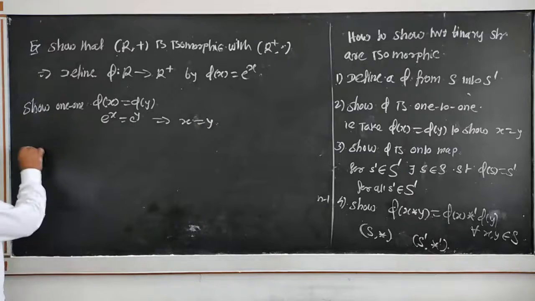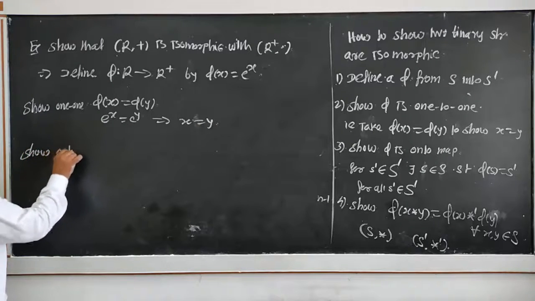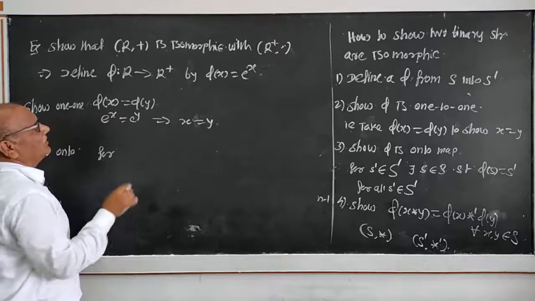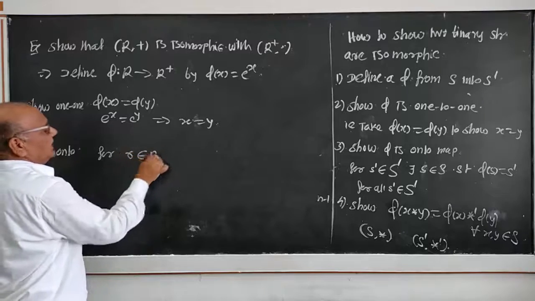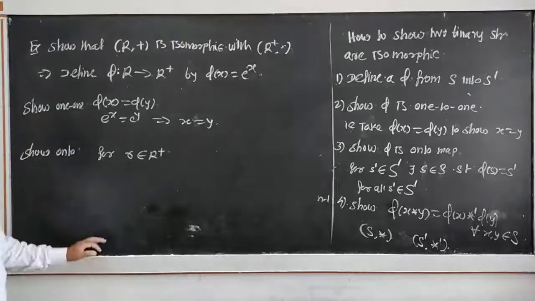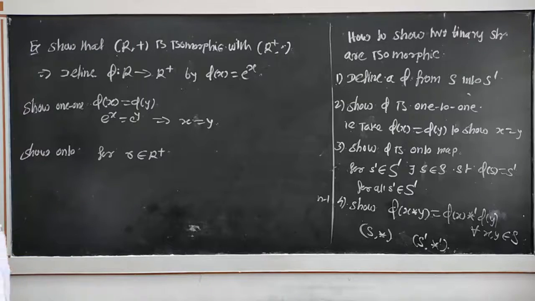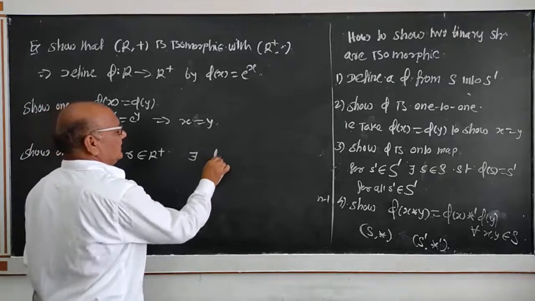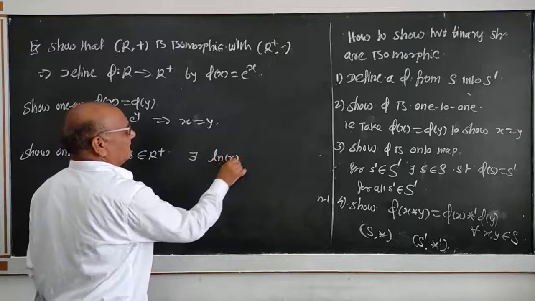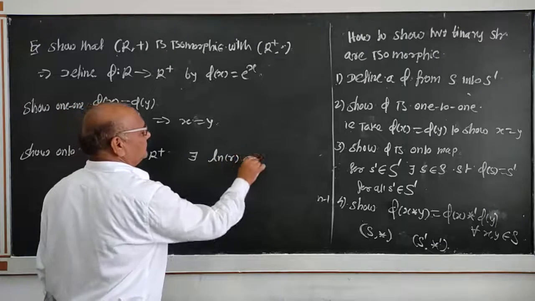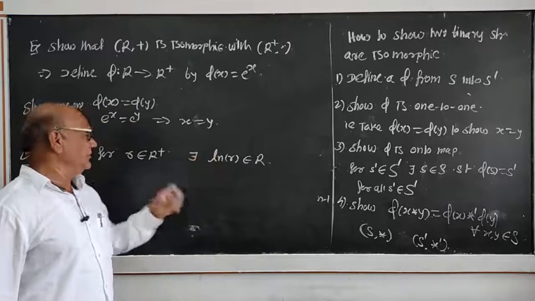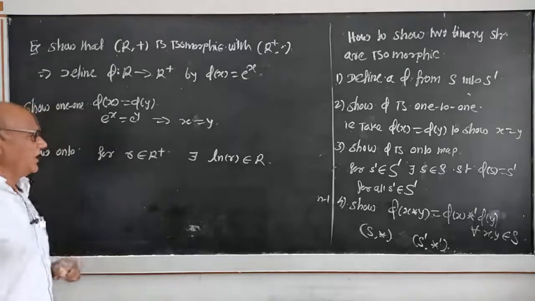So it is one-one. Now, to show onto: for r belongs to R plus, there exists ln of r belongs to R. Ln of r may be negative or positive, depending upon r.